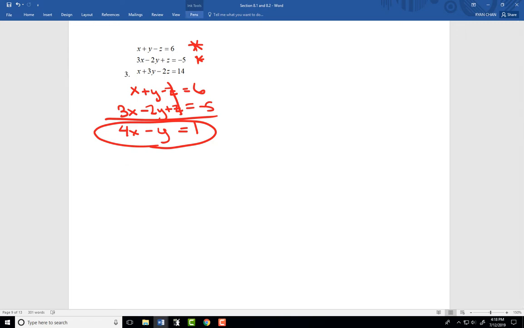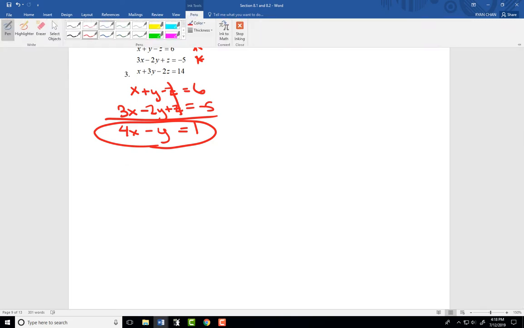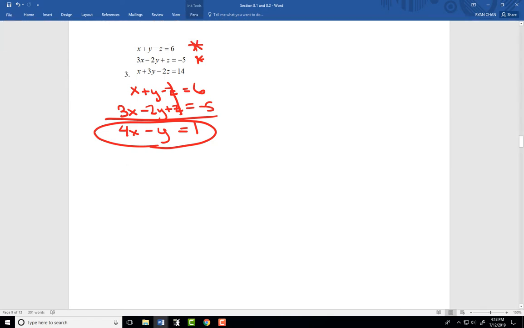So I'm going to pick my other two equations. I'll pick the other two. You just want to make sure each of your pairs together use all three equations. So I'll do 3x minus 2y plus z is equal to -5. I'm going to multiply the top row by 2.